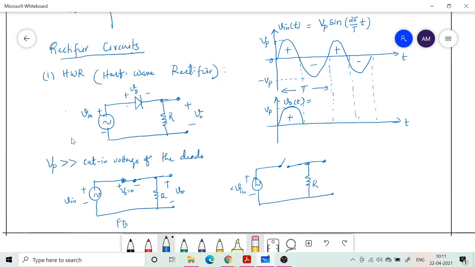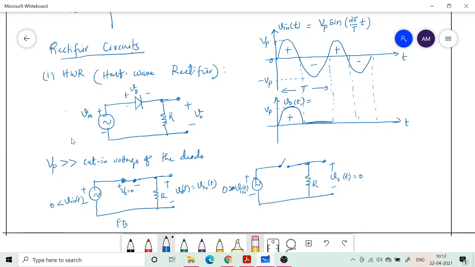So V in is less than 0. Here V in is greater than 0, so that's positive. Here V in is less than 0, which is negative. Therefore we need to replace the diode with an open circuit, and the output is equal to 0. This is the negative half cycle, and the output is 0.